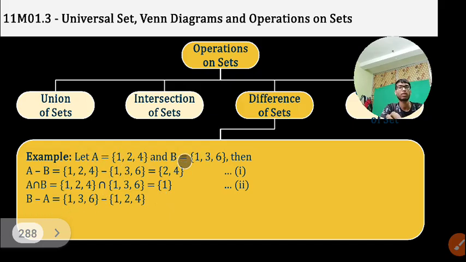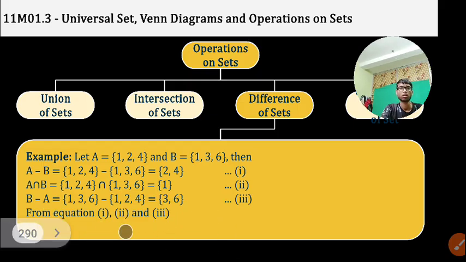So whatever will go from this, and whatever is left here will be the difference B minus A. So here we get 3, 6.